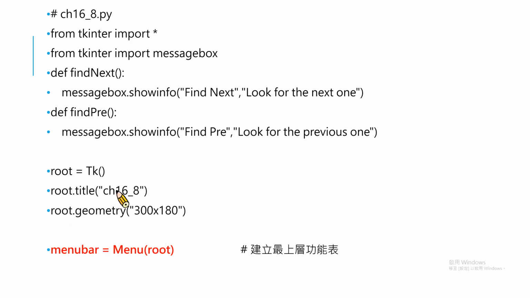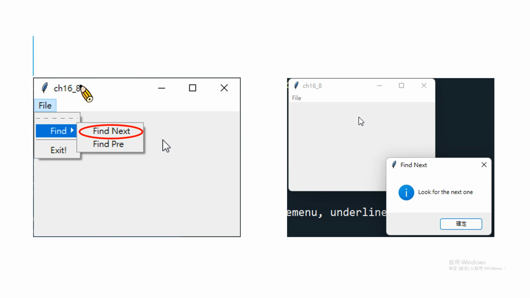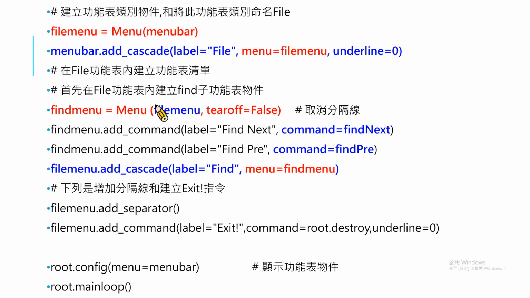First we build the top level menu. Because it is the top, its parent is root. So we call it menu bar. And in the menu bar we have the file menu. So we just create a menu from the menu bar and assign it to the file menu.